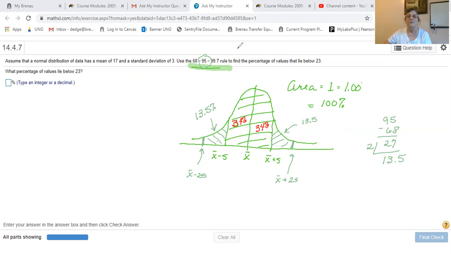After we get past the second deviation, we're into the area between the second and third deviation, which is going to be right in here. Let me try another color. This part in here, when we get 1 more standard deviation out, so this would be our average plus 3 standard deviations.